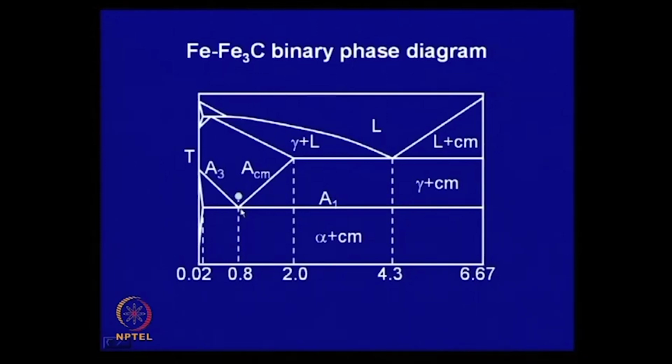As you go below 723 degree centigrade, this austenite breaks down simultaneously into a fine mixture of ferrite and cementite, and this is called pearlite.